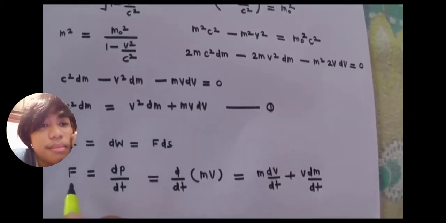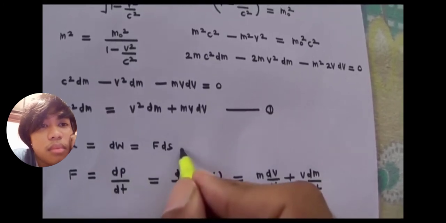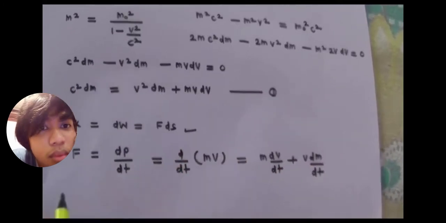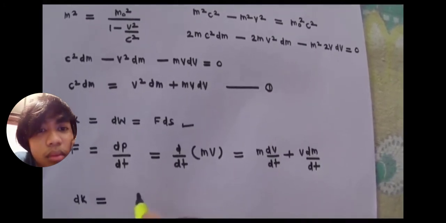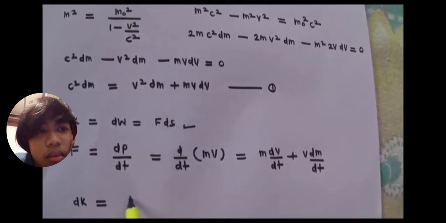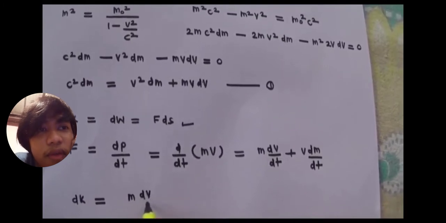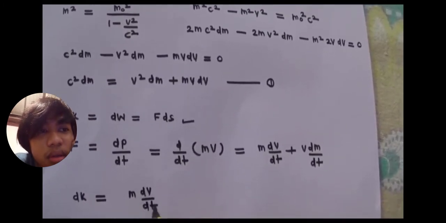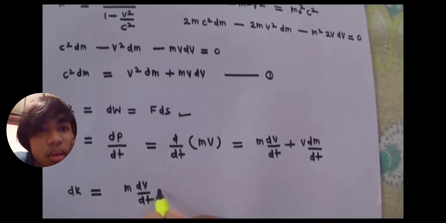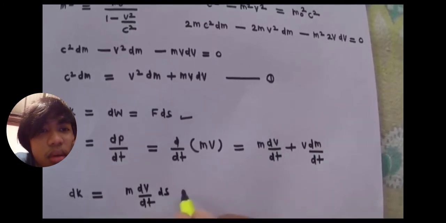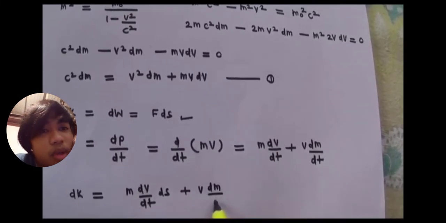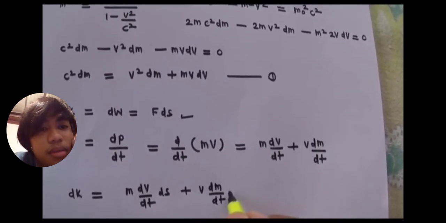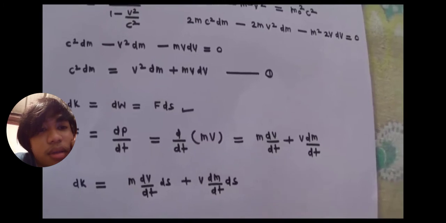Put this value of F in this equation. We will get kinetic energy dK is equal to m dv upon dt multiplied by ds plus v dm upon dt into ds.